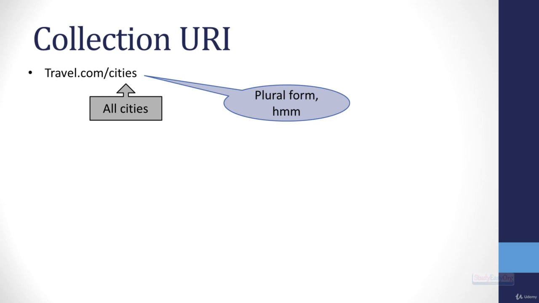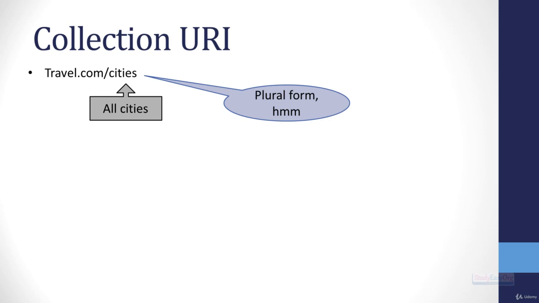Here the collection is a collection of cities, and these kinds of links where we can list down the entities are nothing but collection URIs. And in order to symbolize the collection, we make use of the plural form of the name.